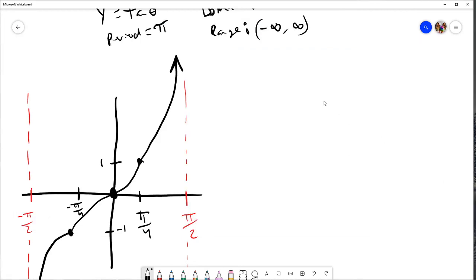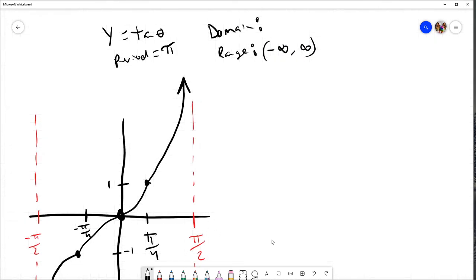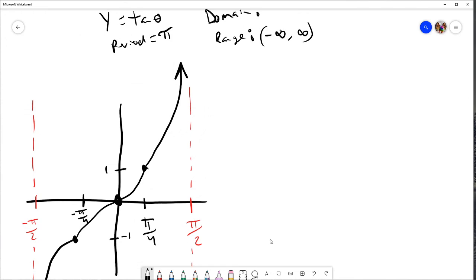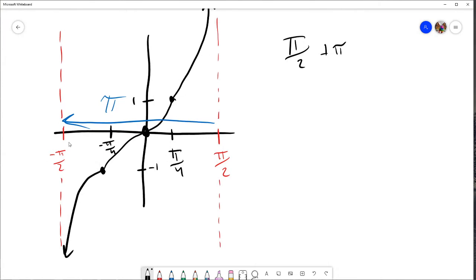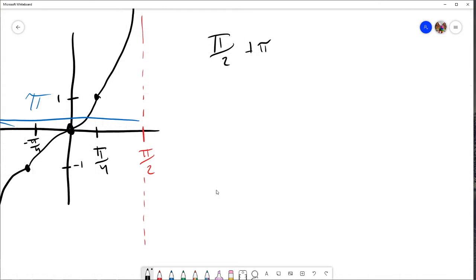So that's pretty cool. So if we think about this asymptote, we know that we can't include this pi over 2, right? Now the distance from this pi over 2 to this asymptote here, that we said was pi. So if I add 1 pi, or in this case subtract 1 pi to get this one, that gives me this asymptote. And if I want to go the other way, next asymptote is going to be over here at 3 pi over 2.